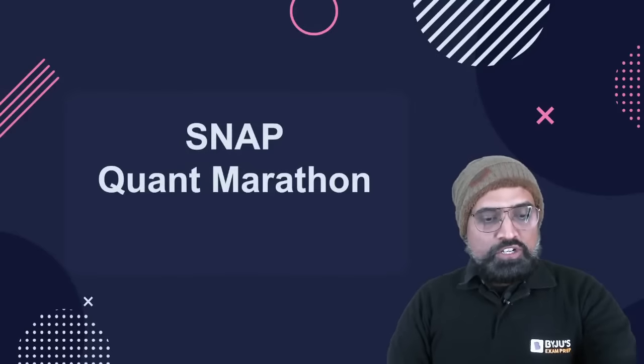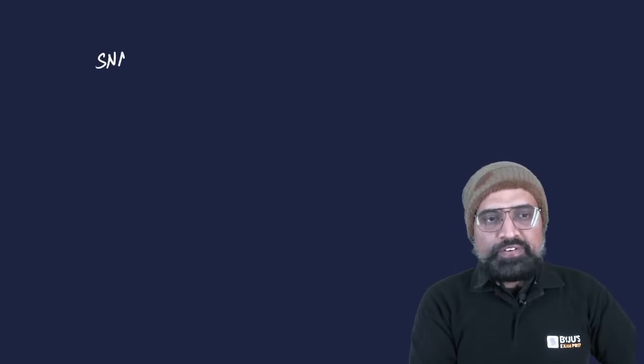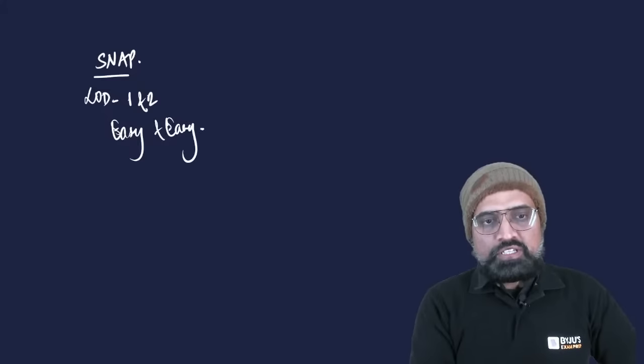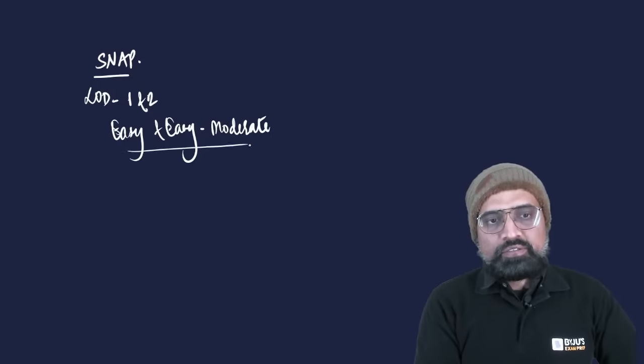Okay, chalo. So let's look at the questions and solve them, practice, revision. In the meantime, please remember that when it comes to SNAP, the level of difficulty is 1 and 2, as in it is easy and easy moderate. So this is the level of quant.